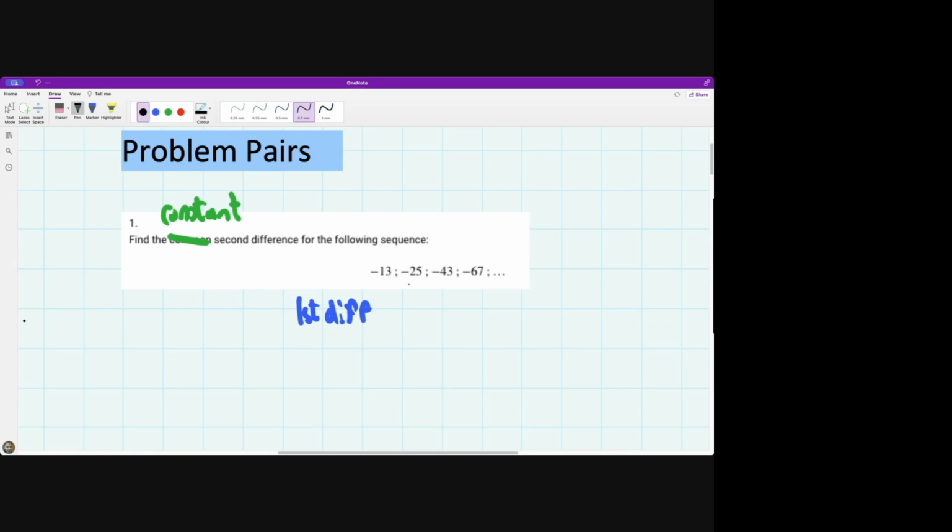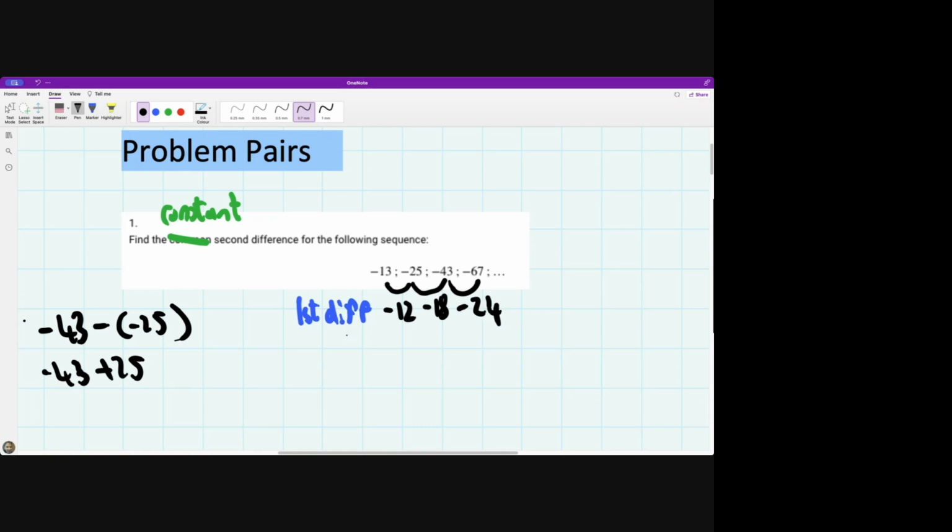If I draw these little smiley faces to link them, I think this has gone down by 12. How much has this next bit gone down by? I think this is minus 18. And then to go from here to here, it looks to me like it's take away 24.